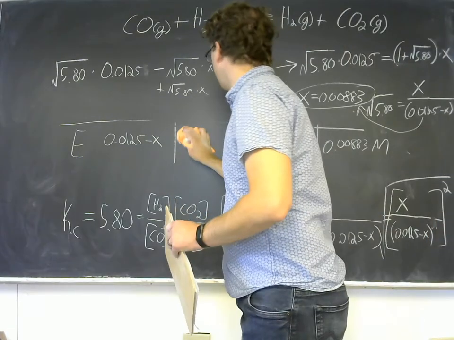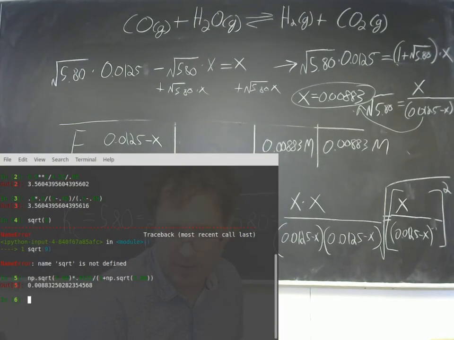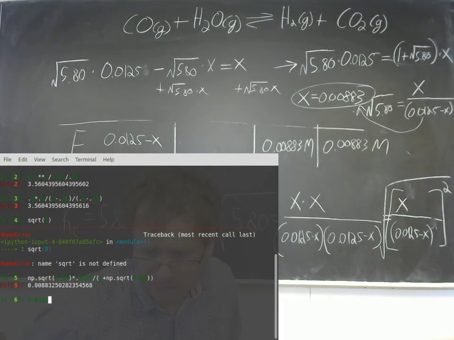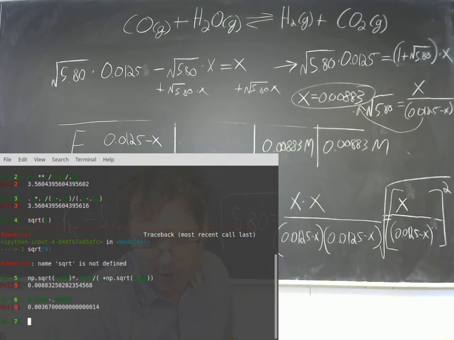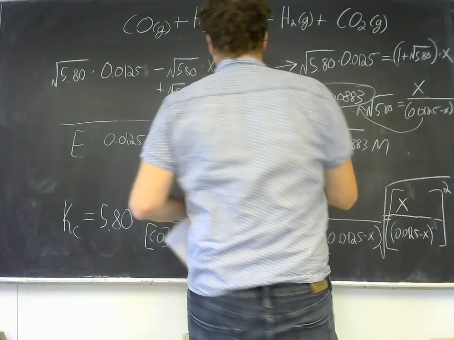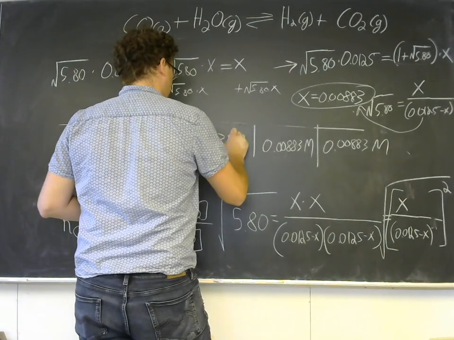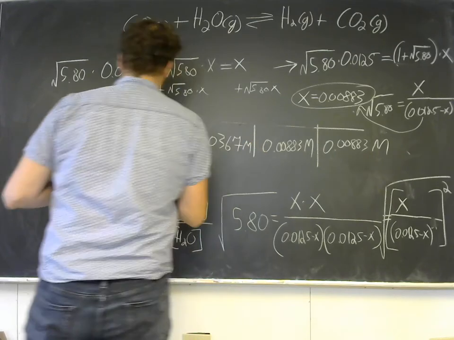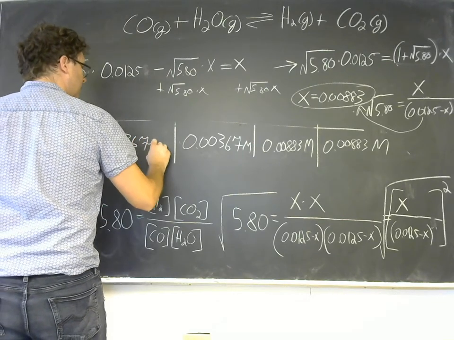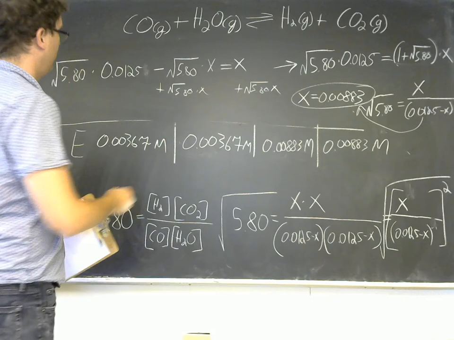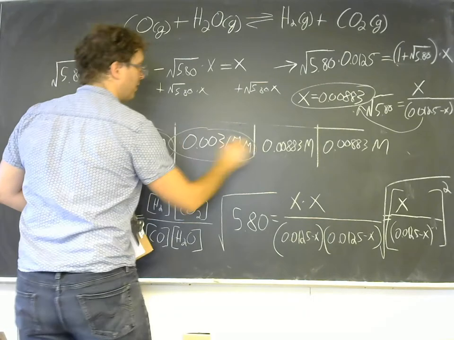Then what's 0.0125 minus x? 0.0125 minus 0.00883. Looks like that's 0.00367. 0.00367 molar here, and 0.00367 molar there. We have our equilibrium concentrations.